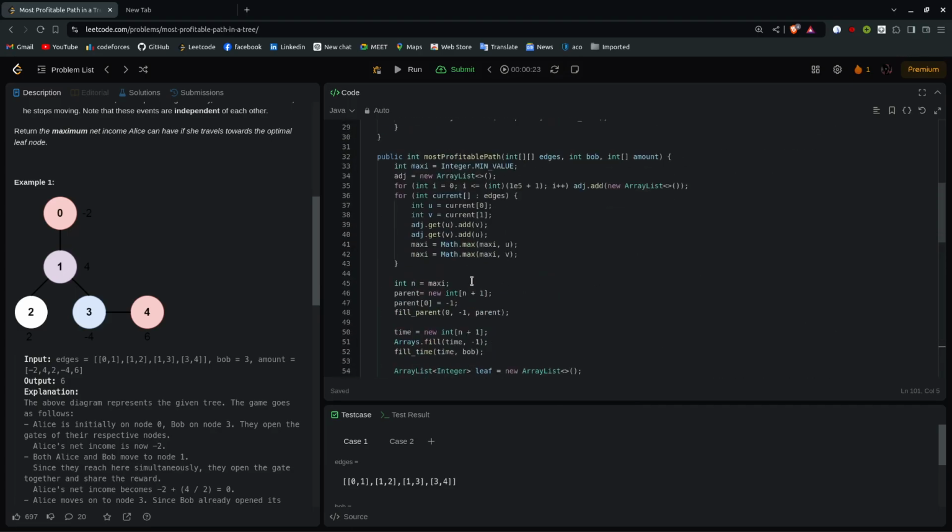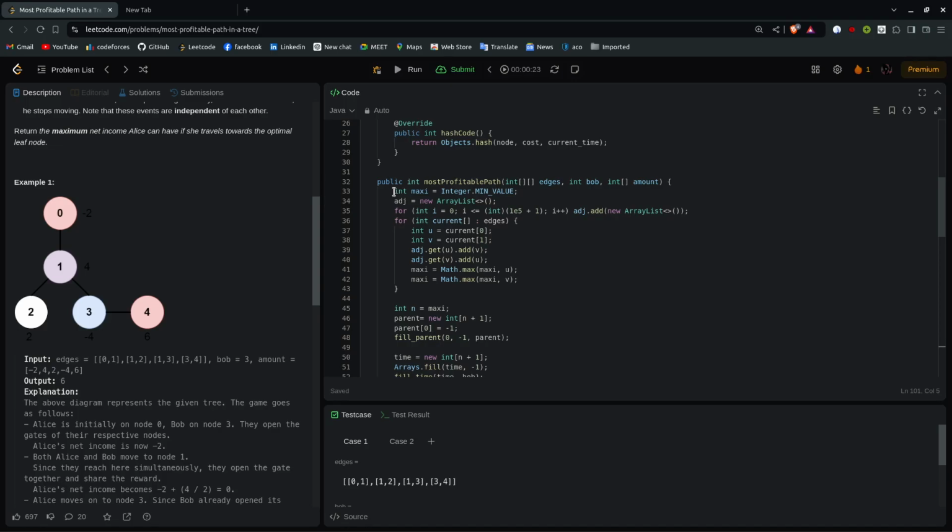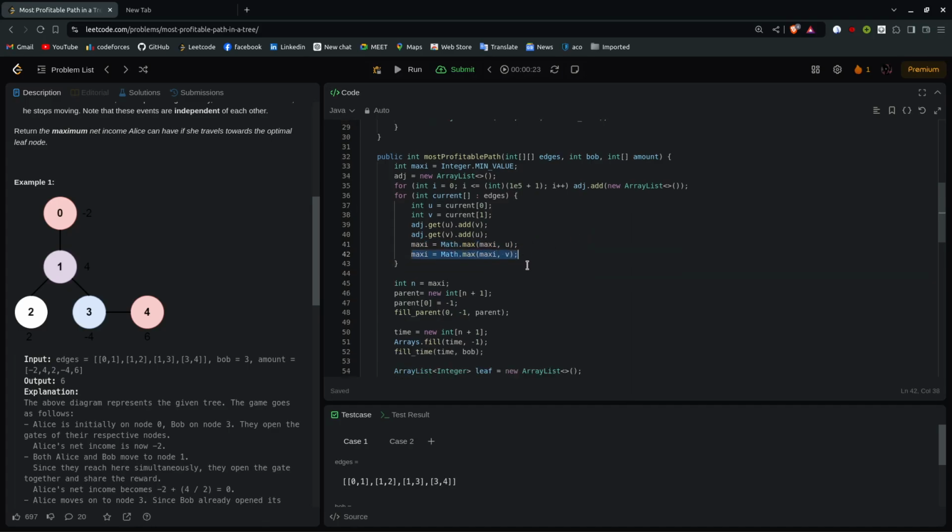And inside over here, I declare this maxi variable to find the number of nodes, and then we create the adjacency list out of all the edges that we are given, and this maxi variable is just to keep track of the number of nodes that we have.